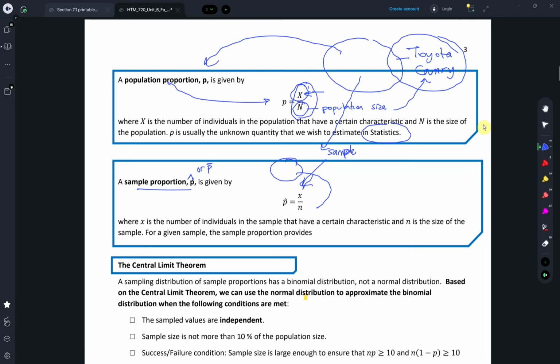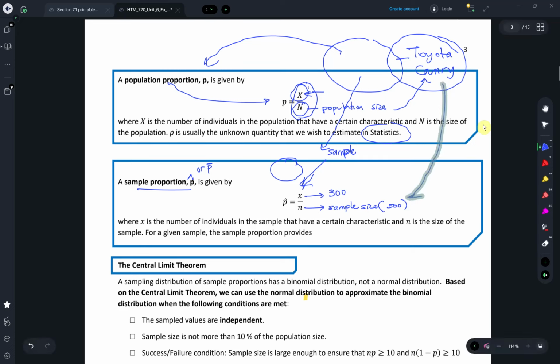That would mean that out of the entire sample size, let's say you were able to gather about 500 Toyota Camry cars that you randomly sampled across the United States. And out of that 500, those who have the attribute of interest, that is, are currently sitting at the mechanic's shop, let's say there were 300 of them.